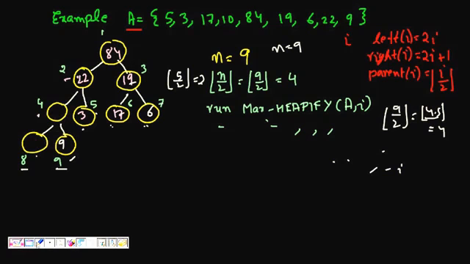So 10 and 5 get swapped here. And now because it has no children, this is done. So we are now done for node 1 also, so it is now following the max heap property.